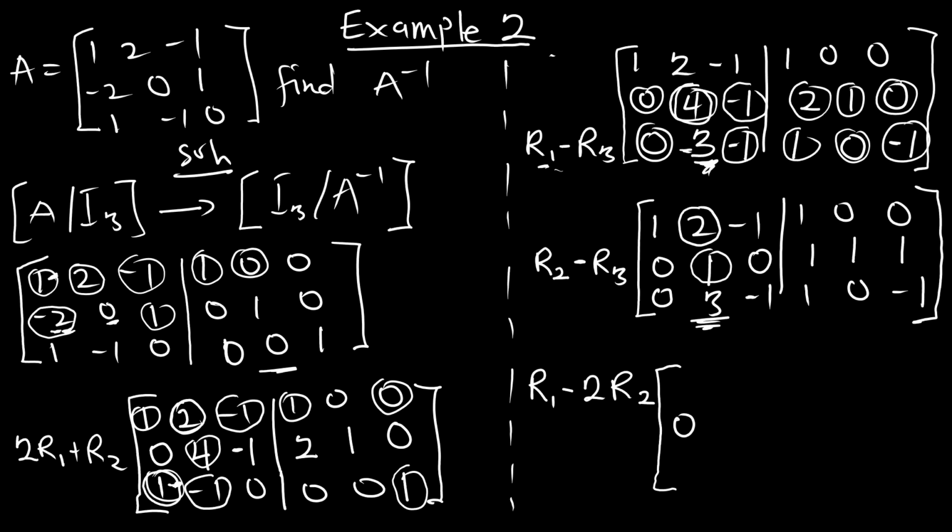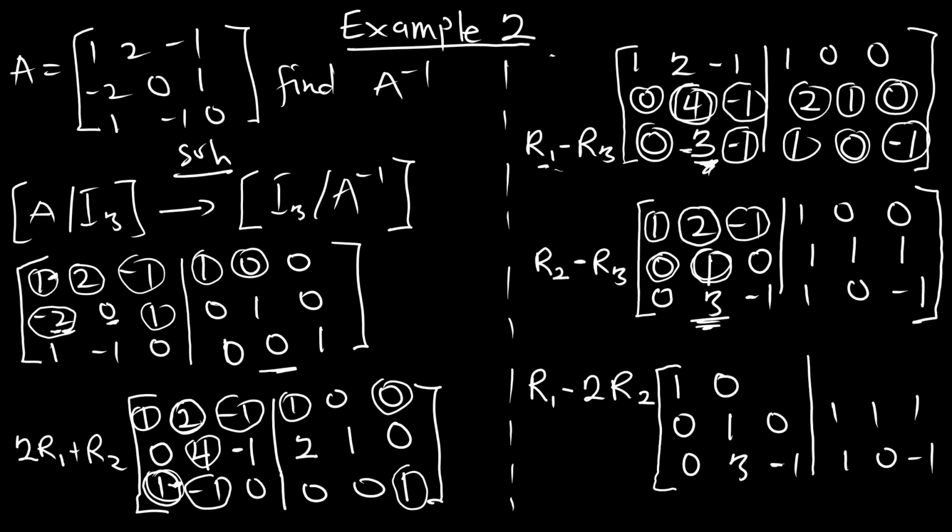Alright, so here it's happening on row 1, meaning row 2 is going to remain the same. That is 0, 1, 0, 1, 1, 1. Row 3 is the same, 0, 3, negative 1, 1, 0, negative 1. But row 1 is going to change. Now, row 1, which is 1 minus 2 times row 2, which is still 1. So row 1, 2 minus 2 by 1, that is going to give us 0.